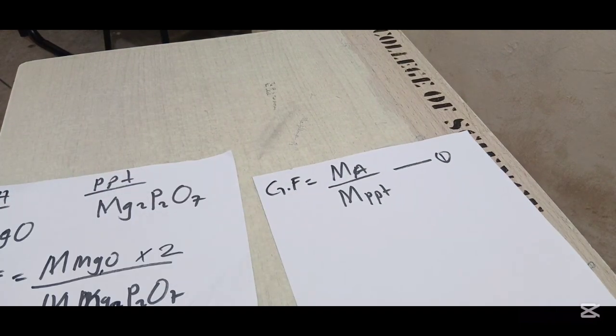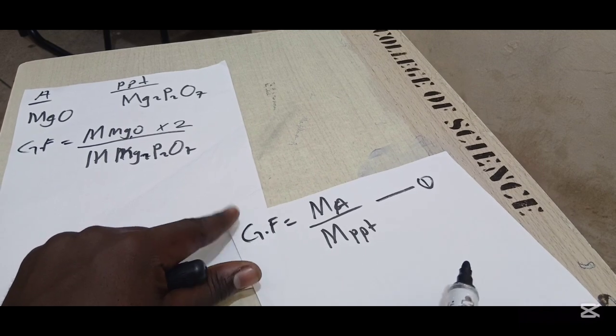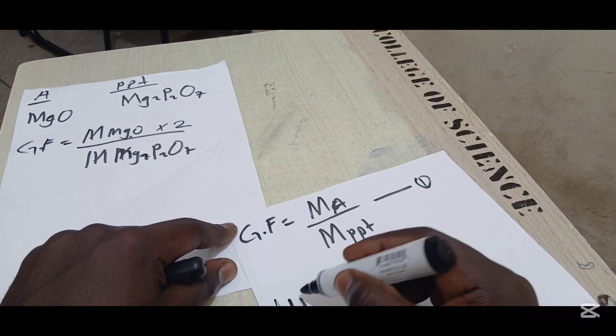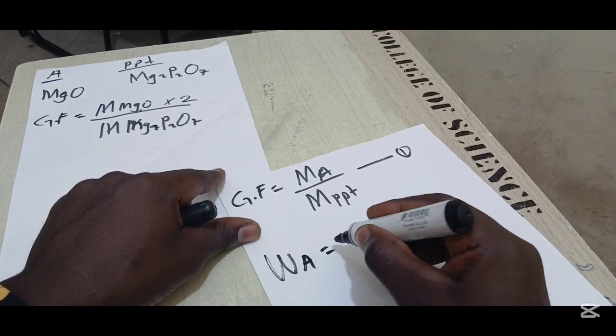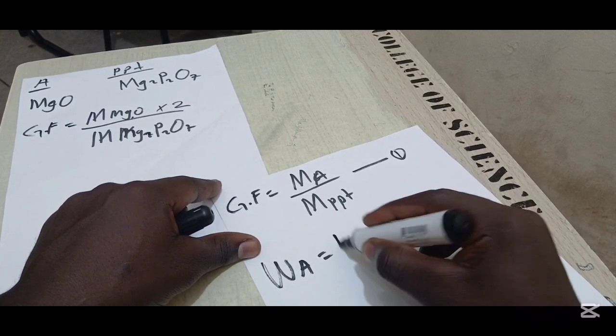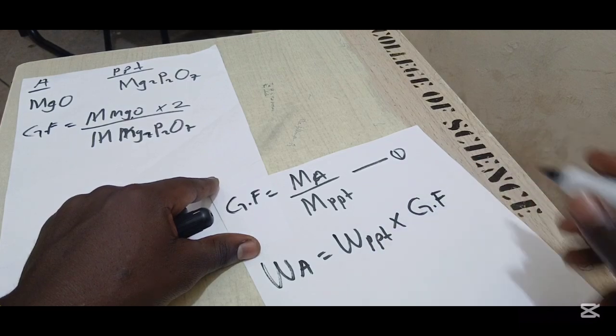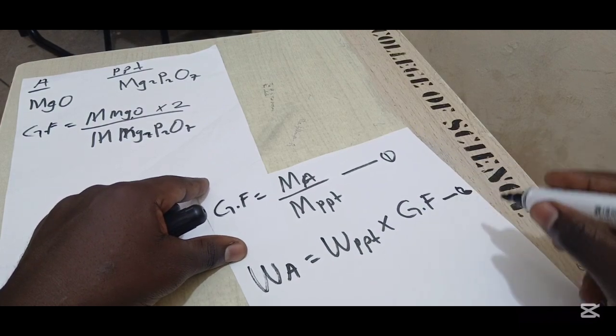One thing we can be asked to calculate is the weight of our analyte, and the relation is that the weight of our analyte is going to give us the mass of precipitate multiplied by our gravimetric factor. So that is another formula you need to know.